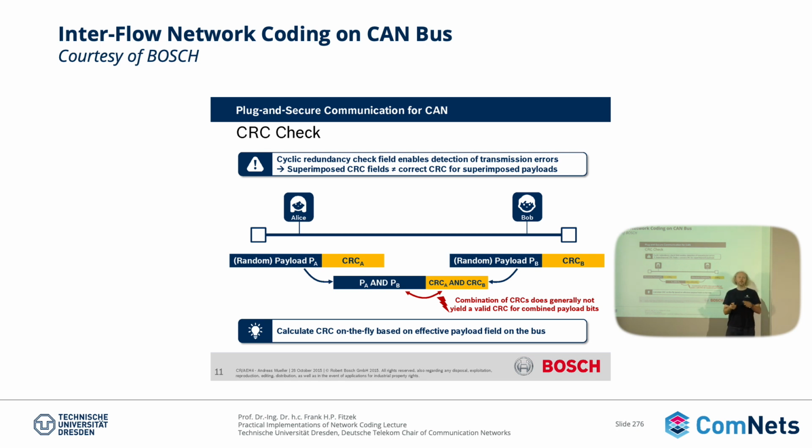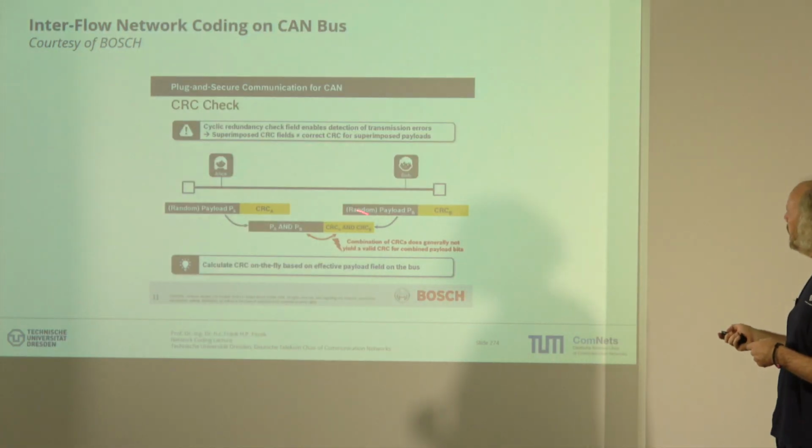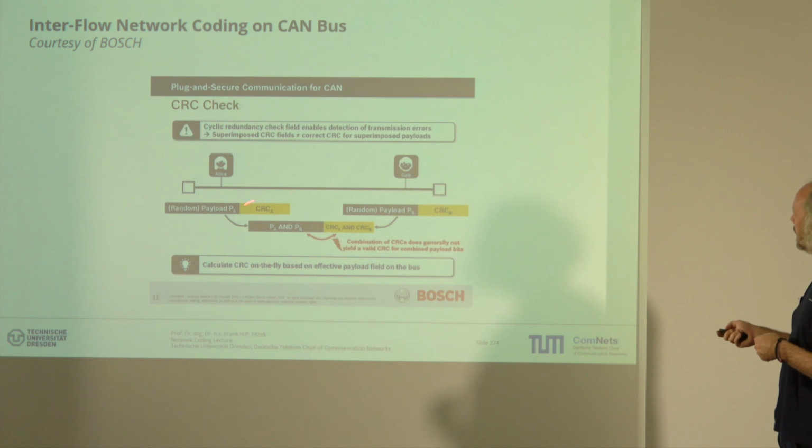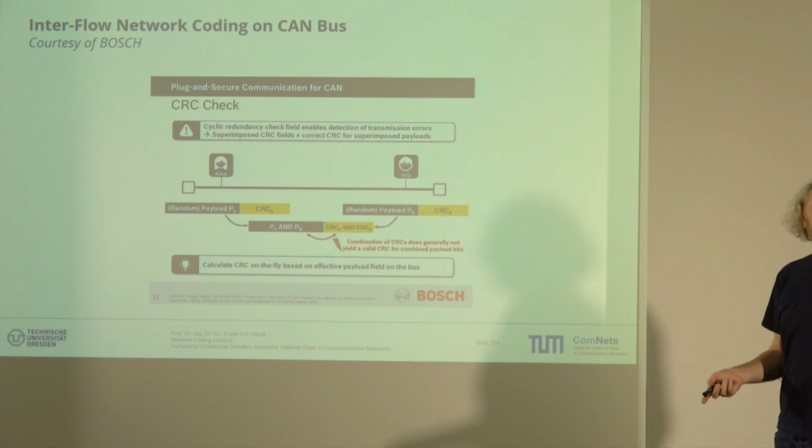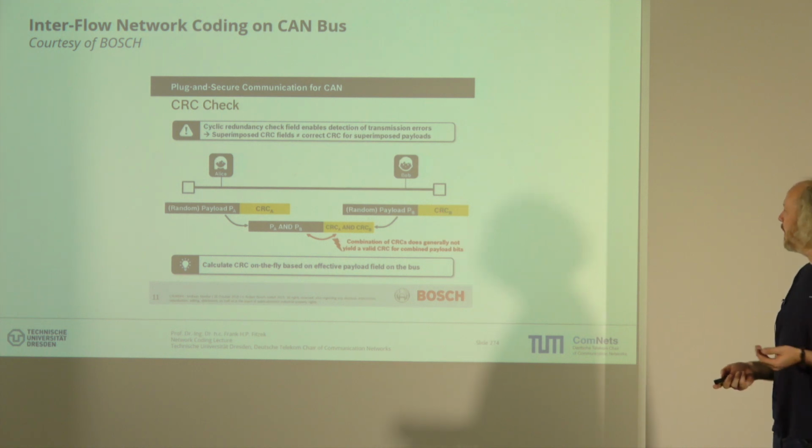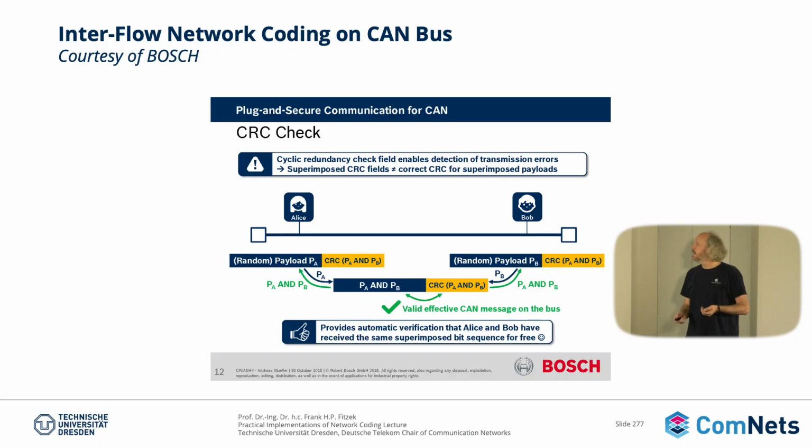So if you map two payloads, can this be a good payload over here, right? Because the combination in this case normally does not result in a valuable CRC bit. Now, what you do there is you make a CRC over A and B at the same time, and then you have a new CRC bit that will help you to understand whether the packet was correct or not. Because this is for the key very important.